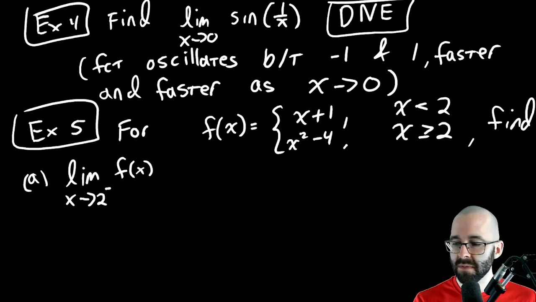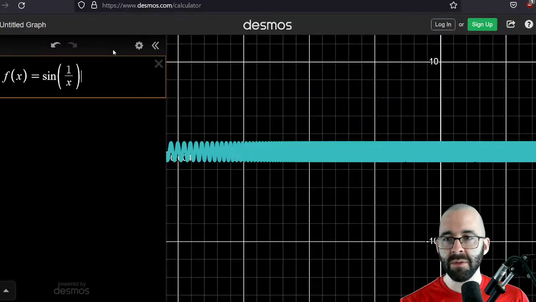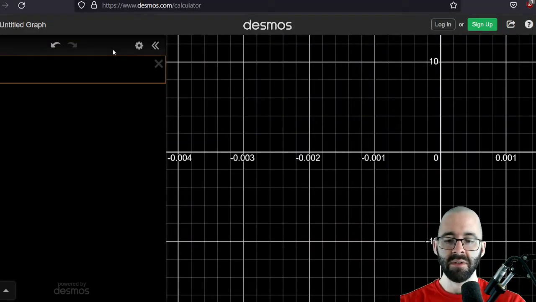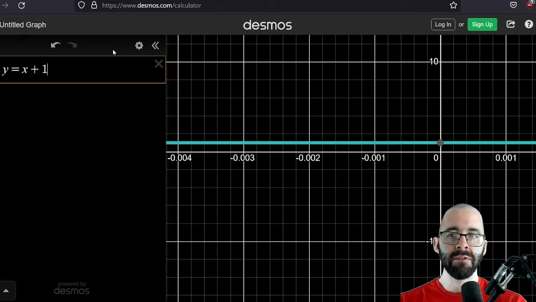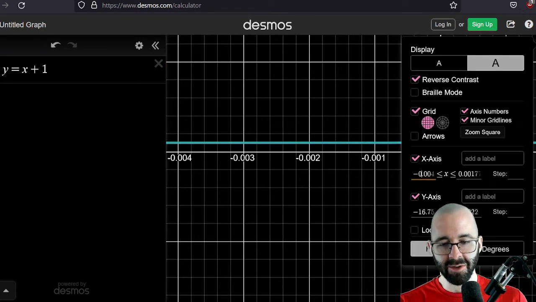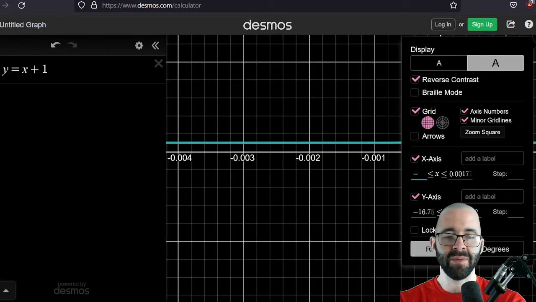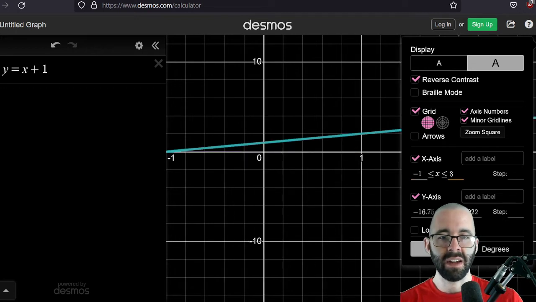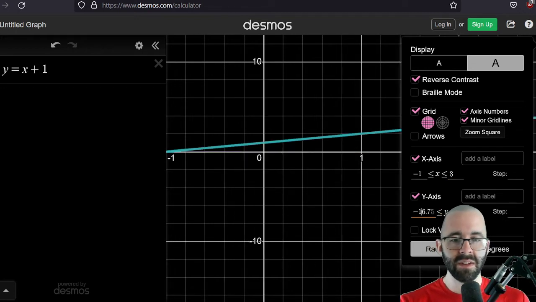Let's graph it. You may not remember how to graph piecewise functions, or you may never have known how to graph them on Desmos. Here's how you do it. Type y equals the first piece. Let's go back over here and reset our scale, from -1 to 3. We really care about x equals 2.